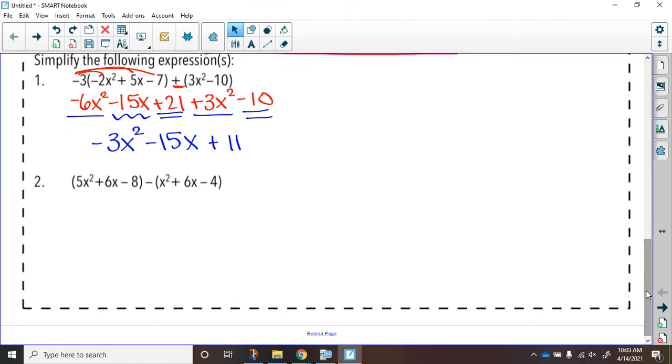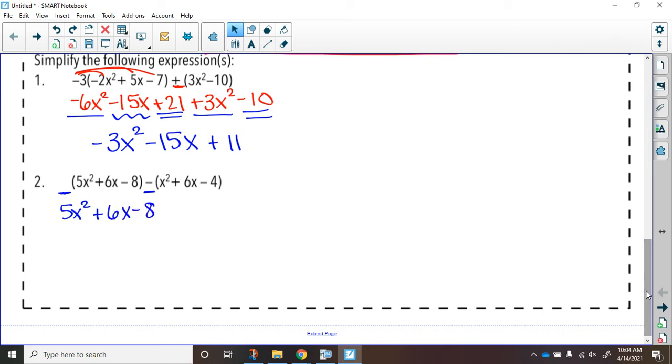And for the last problem on this page, it looks like I have a subtraction sign in the middle. So we're going to remove everything from the parentheses first, and then we'll combine. In that first set of parentheses, there's no number there, so I can just drop everything down.